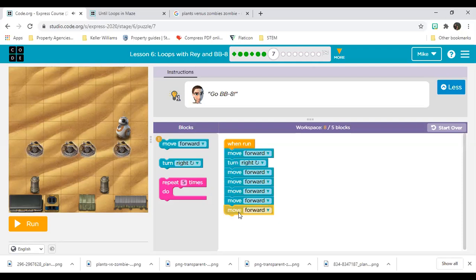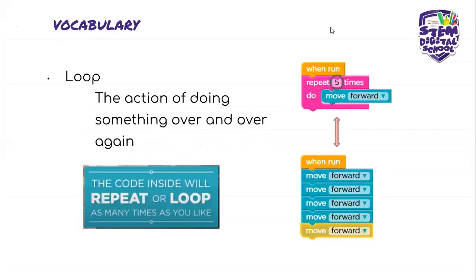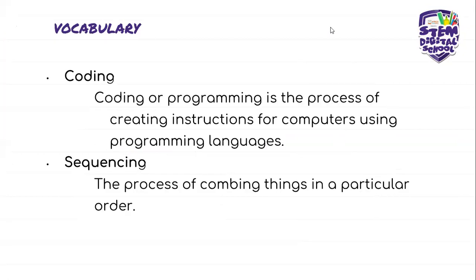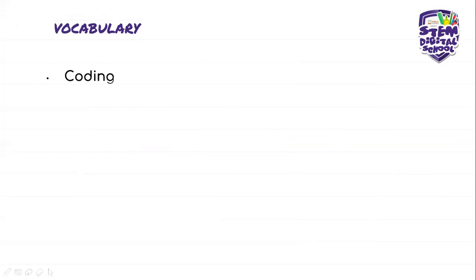I want to show you something. There we go. Remember, it's the action of doing something over and over again. So the code inside will repeat as many times as you like. Now for us, like we said, the purpose of our lesson today is to recognize, let me go back to that one.